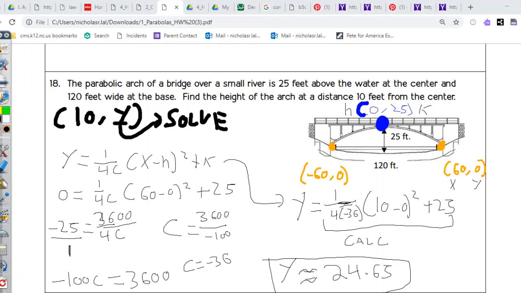And once we have c, we know x, but we don't know y. So we plug that into the parabola equation to find y. You have 5 variables, so you have to be given 4 to find the fifth. First time you need to solve for c. Second time you need to solve for y.